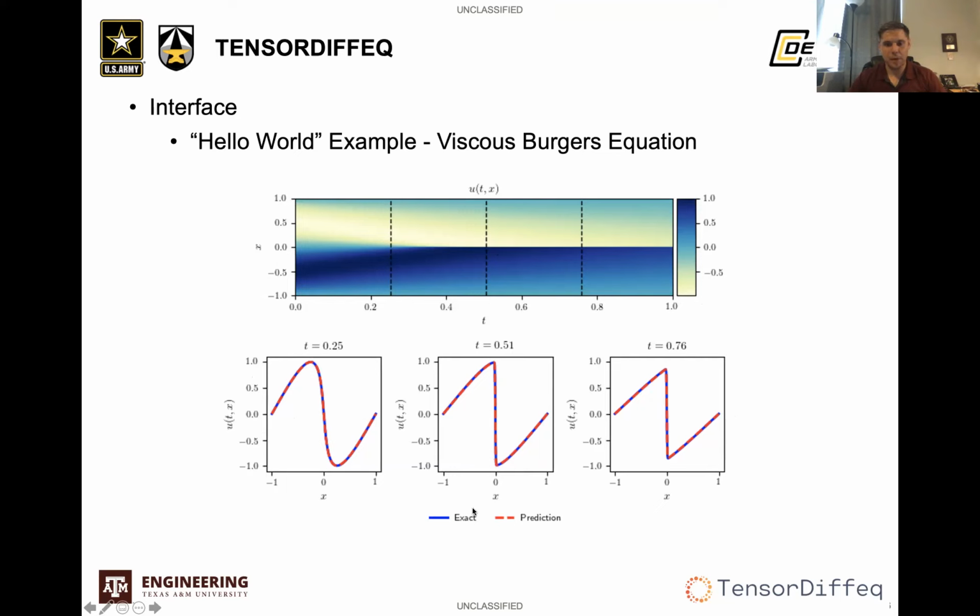And you can see from the legend down here that the blue is the exact solution, which is generated using a high fidelity solver, a quadrature solver in this case. And then the prediction neural network is the dashed line. You can see that it nails it. In this case, you get down to 1e-4 L2 error.